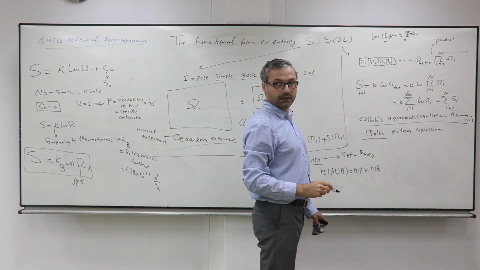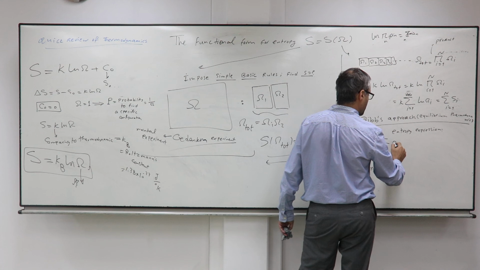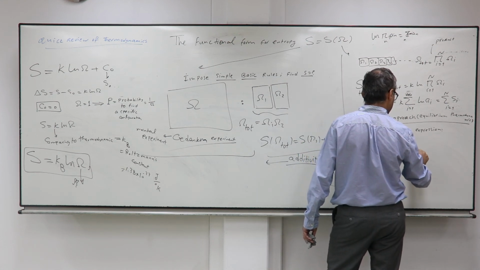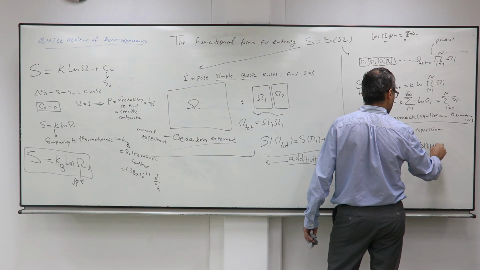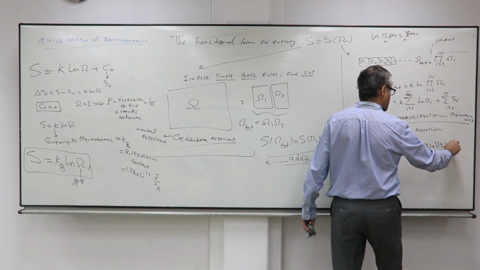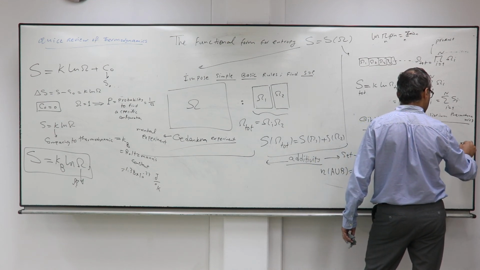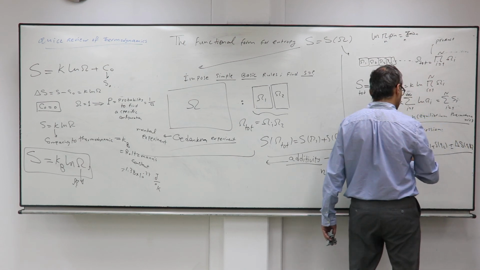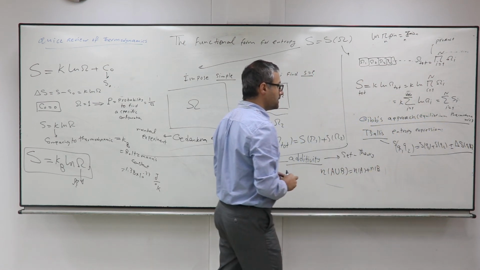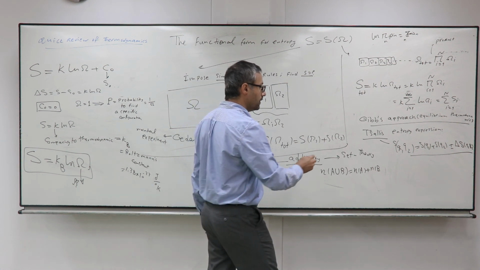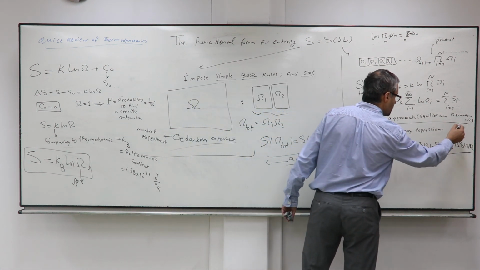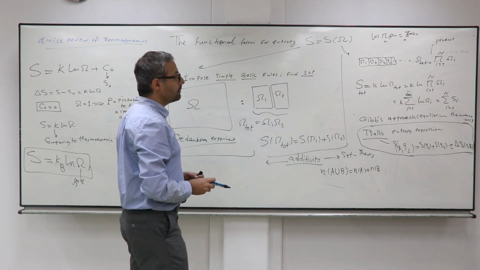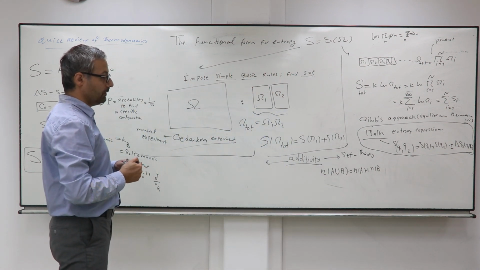There are some systems whose entropy is not additive. S_q of 1, 2 is S_q1 plus S_q2 plus or minus some extra term of q1 and q2. Normally such systems are considered out of equilibrium. We are not interested in such systems. We are always looking for systems that support the additivity condition for the entropy.